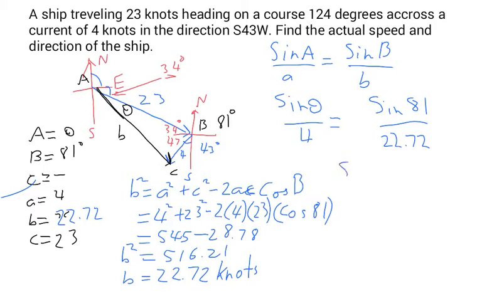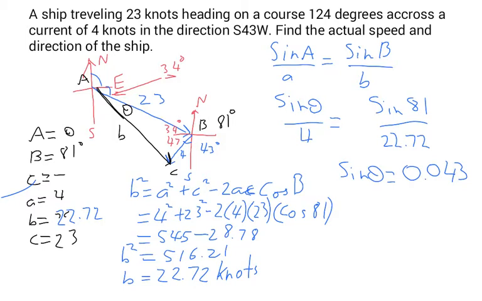So sine theta equals 0.043. It's much easier if you solve the sine 81 divided by 22.72 first, and then it makes it easier when it comes to putting it in your calculator.